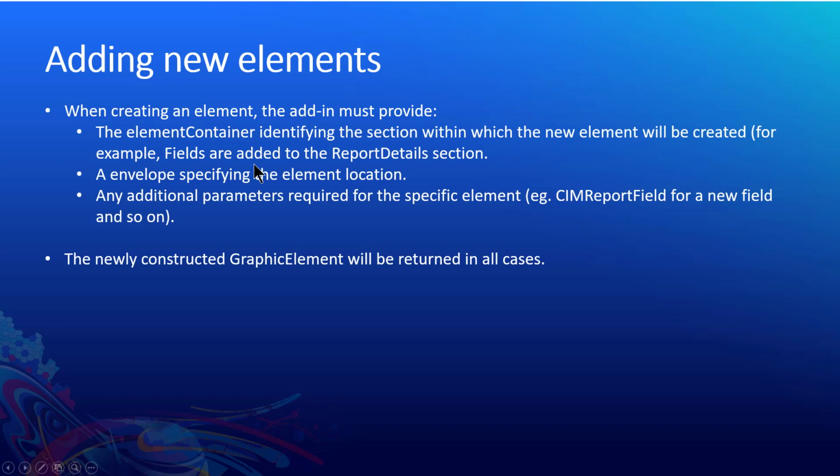For example, to add a new field, provide the report details section. Provide an envelope parameter to help place the element location. Finally, provide additional parameters required for the specific element. For example, a sim report field is a required parameter to add a new field to an existing report. In all these cases, a new graphic element will be returned.